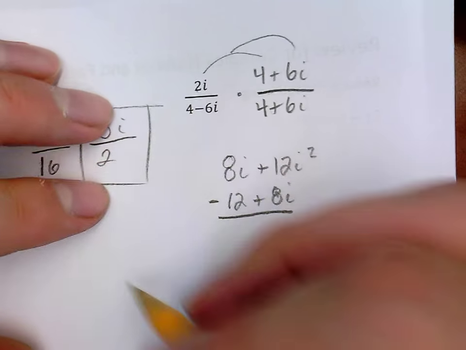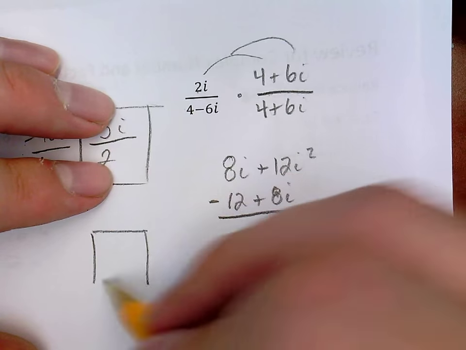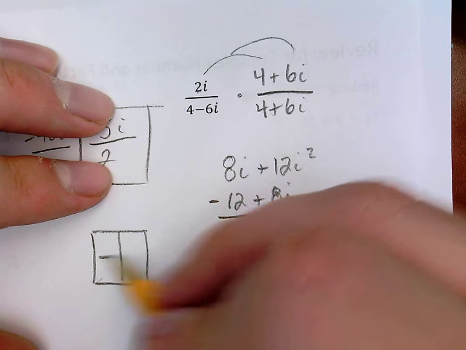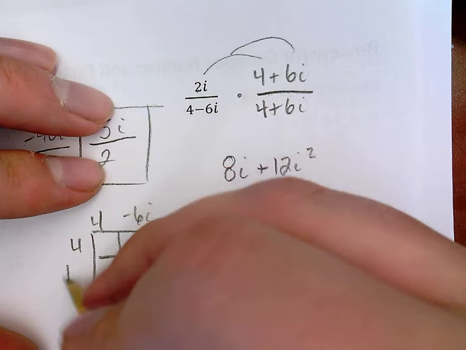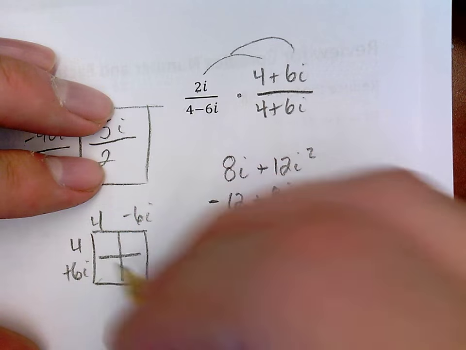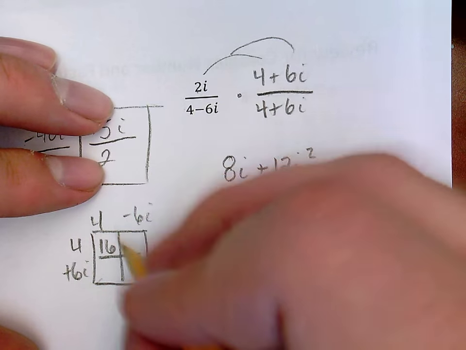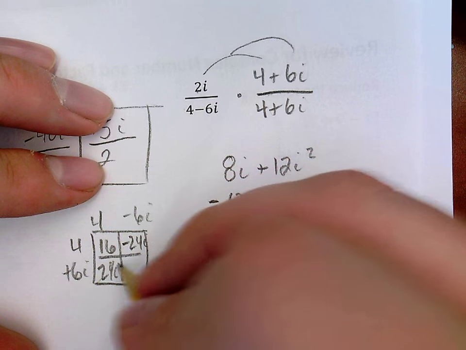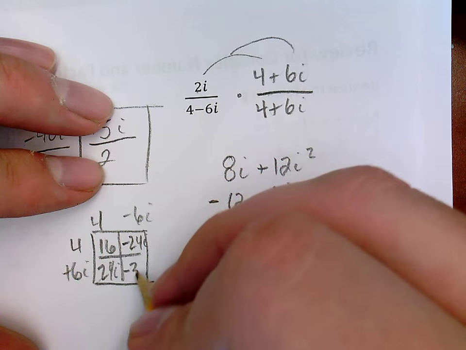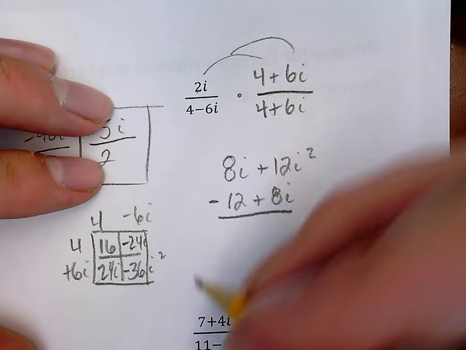Now the bottom part, we have to do the box method in order to solve. So when I do this box method, let me show you what happens. When I get 4 minus 6i, I do 4 plus 6i. Where they meet, they multiply. This becomes 16. This becomes negative 24i. This becomes positive 24i. And then this becomes negative 36i squared.